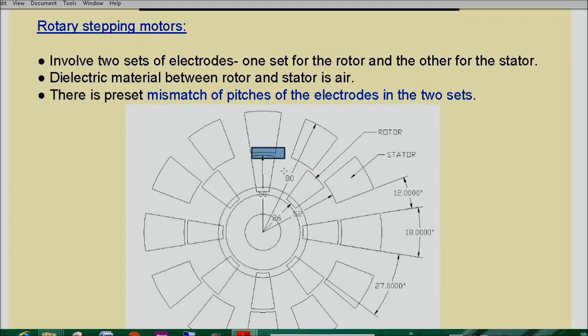Then the outer diameter of this is also calculated. If you see the outer diameter, from the center to the radius, 2 times the radius, you will get the outer diameter. Normally it can be, for example, 100 micrometers, and the length of the rotor poles is around 20 to 25 micrometers.